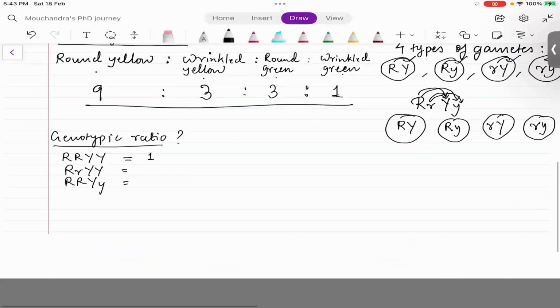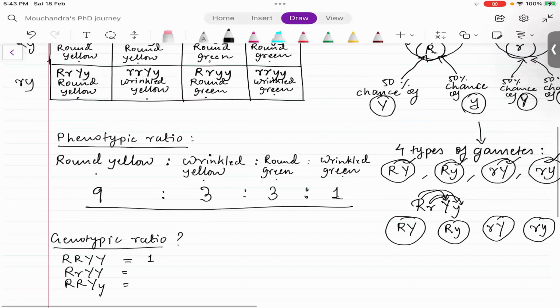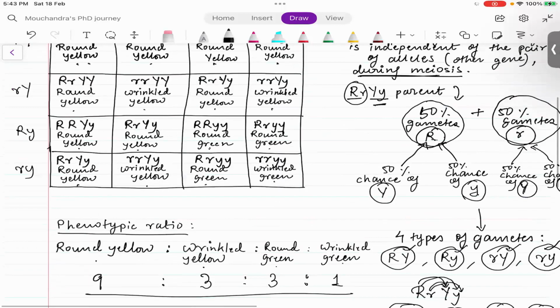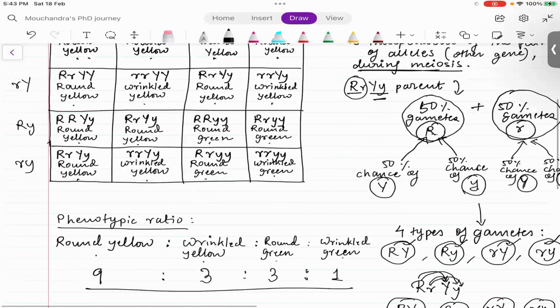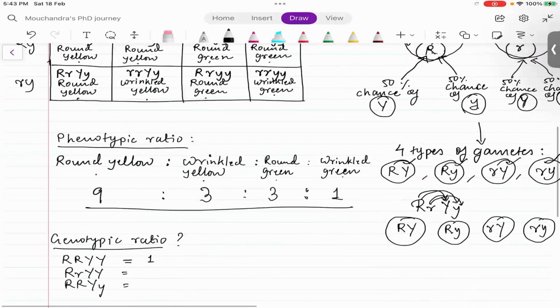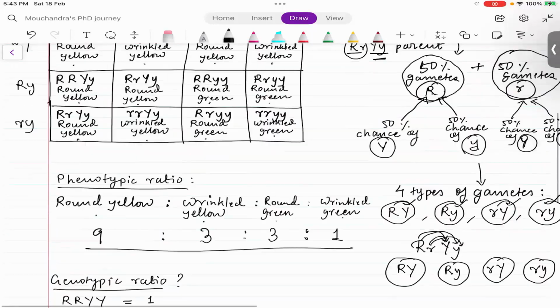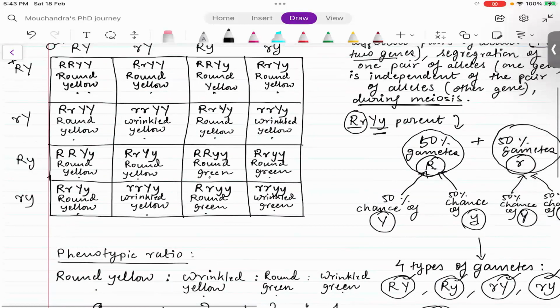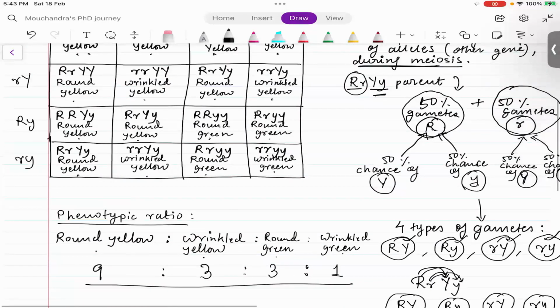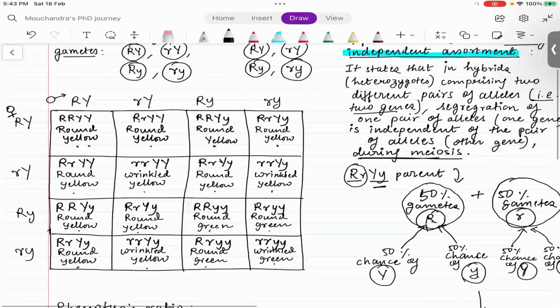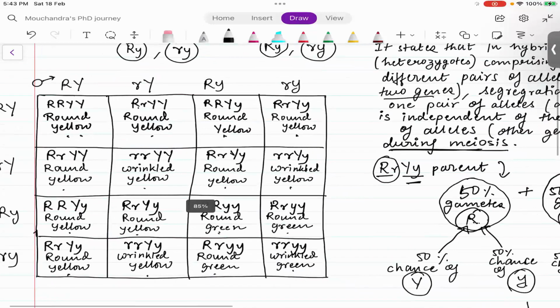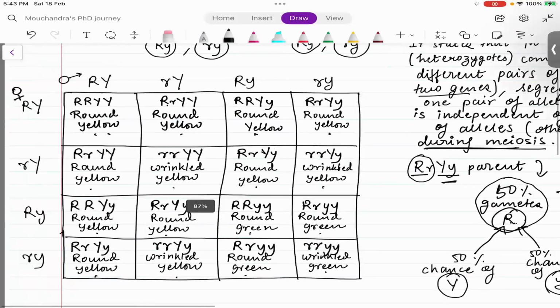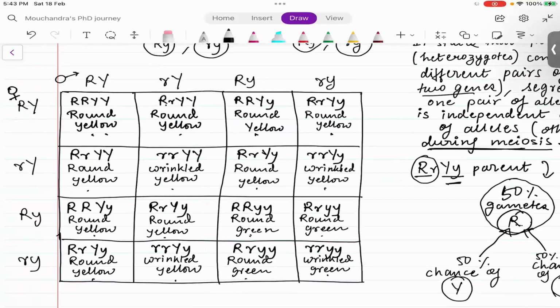So like this, you can count the boxes corresponding to each type of genotype, and then write them one by one and get a ratio like this. So this is your task to do. It's quite easy if you have understood how I have derived this Punnett square, and how the phenotypes are assigned.